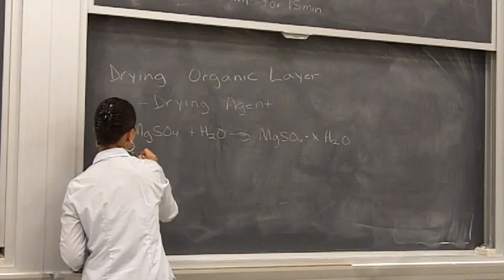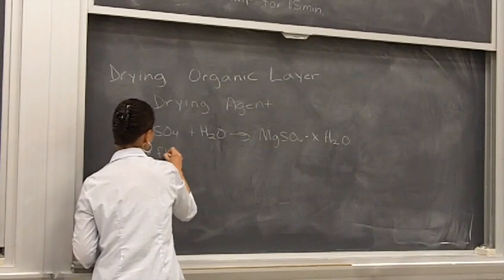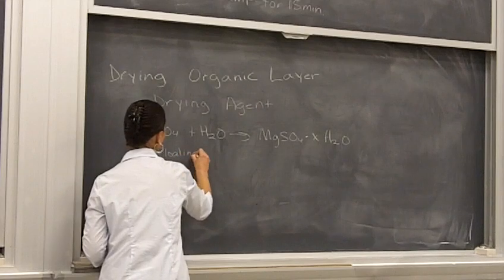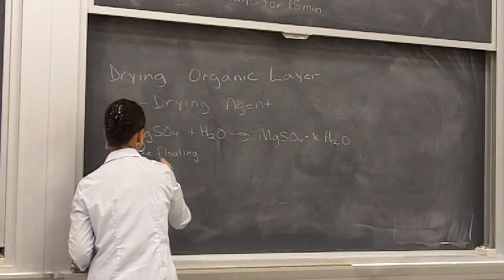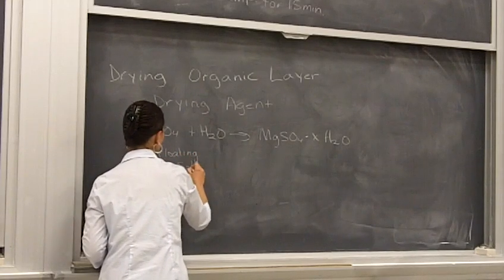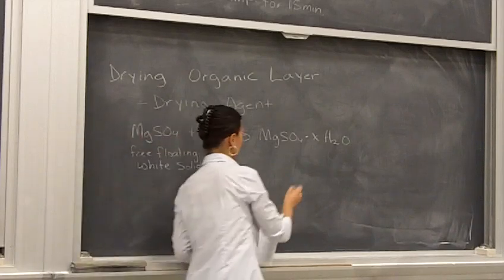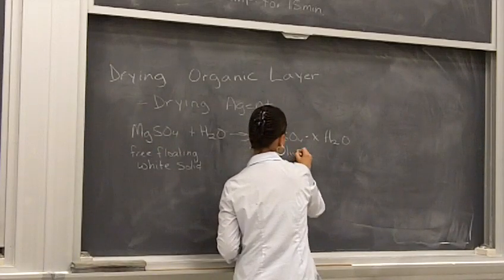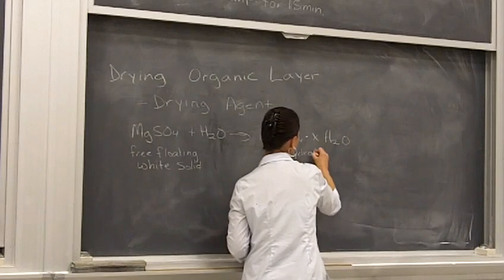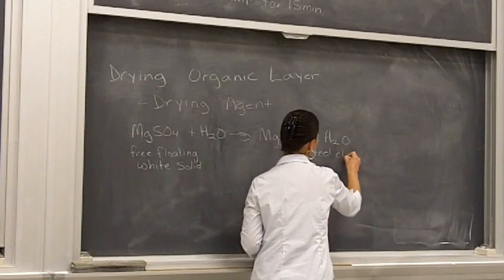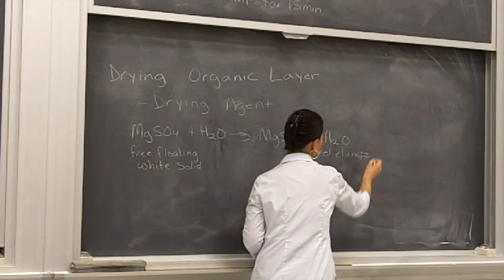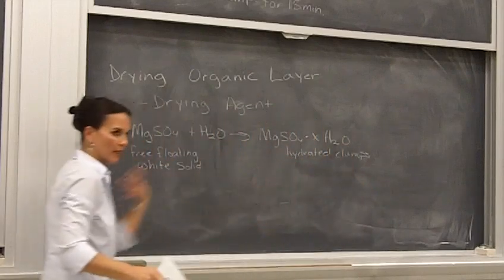It's this free-floating white solid. This gets clumps in it. Okay, so instead of being free-floating, all of a sudden you're getting clumps. And the clumps are the magnesium sulfate reacting with the water, taking it out of the ether.